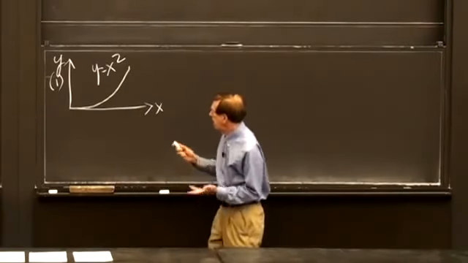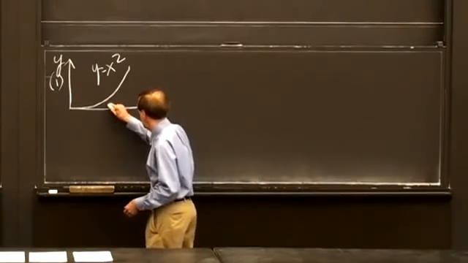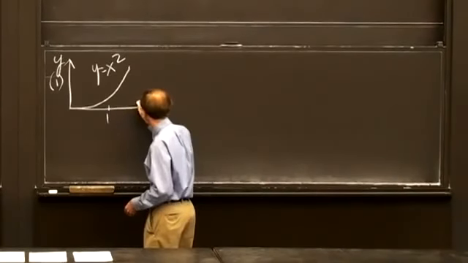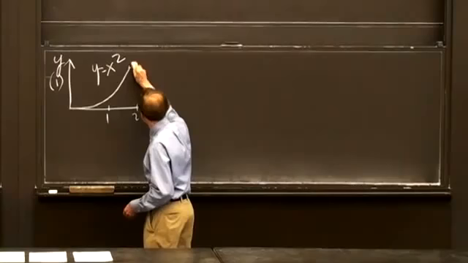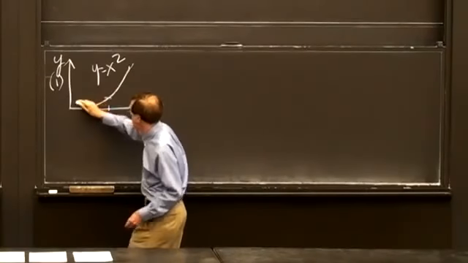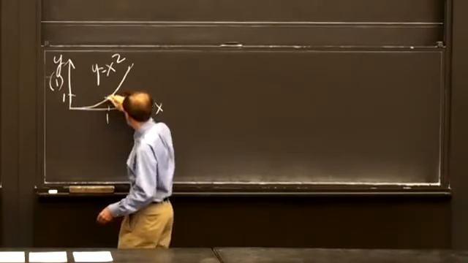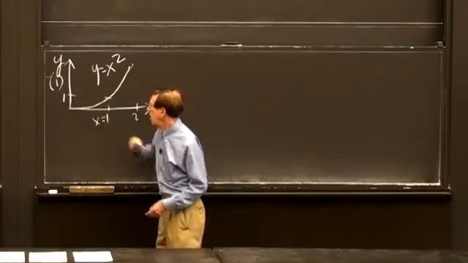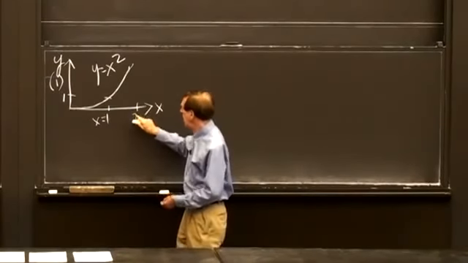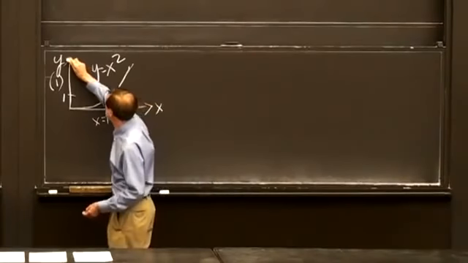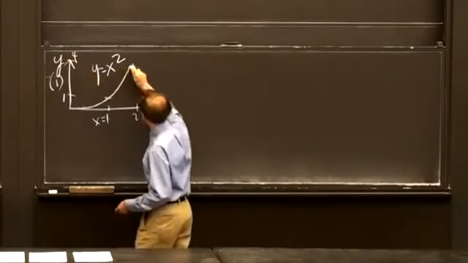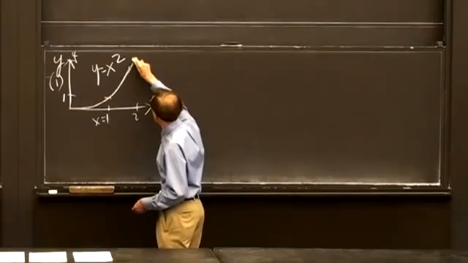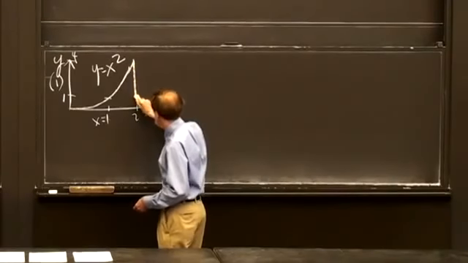Let me put in x equals 1 on this graph and x equals 2, say, and now x squared is going to be at height 1. If x is 1, then x squared is also 1. If x is 2, x squared will be 4. Let me just come back for a second to that average business.